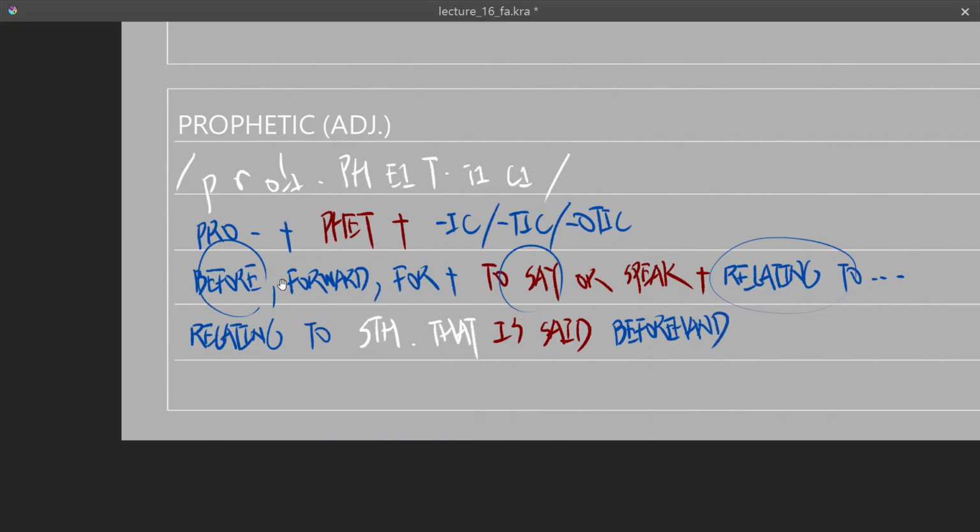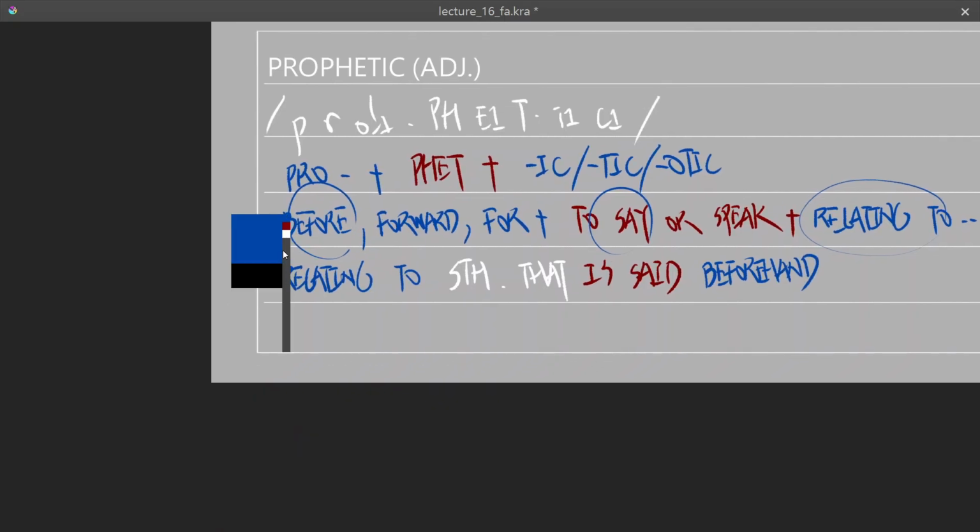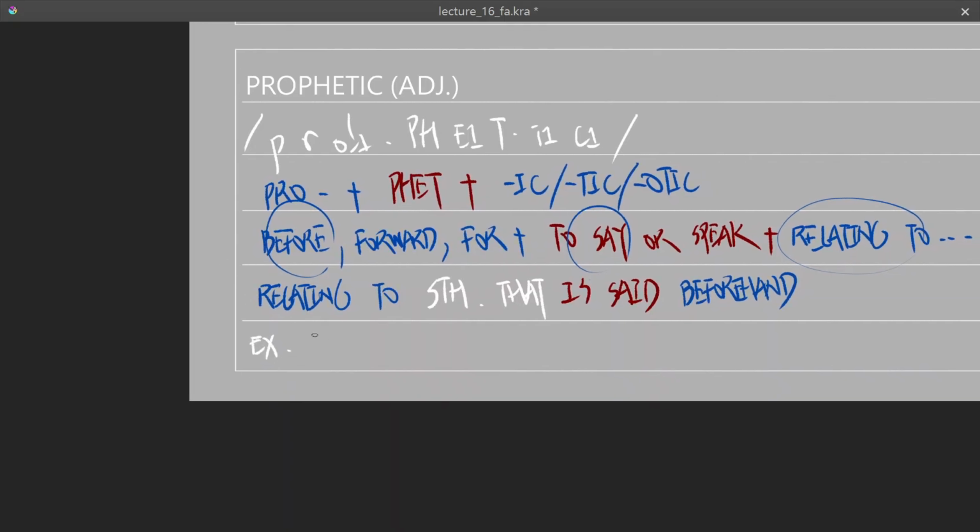All right, so for example, we have, let's say, prophetic warnings.